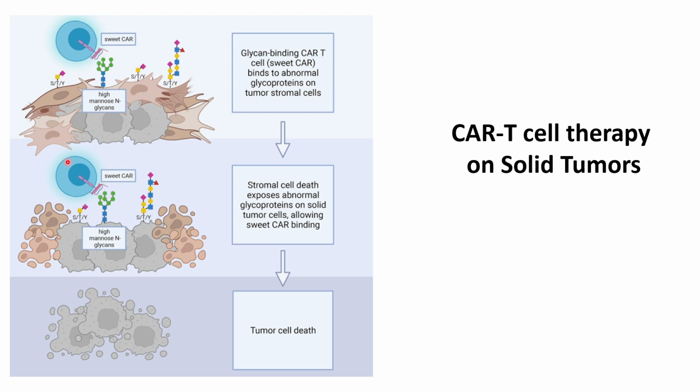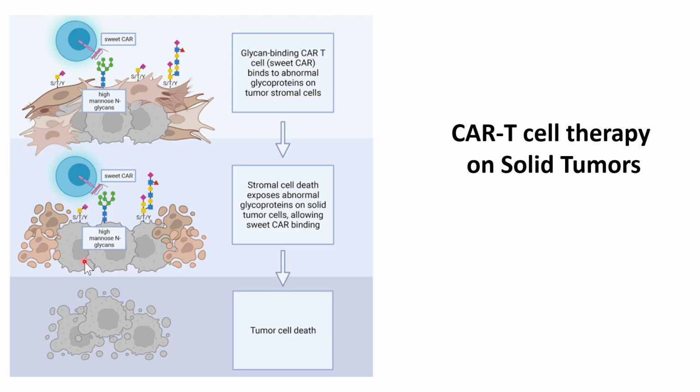So whenever this sweet CAR detects the high mannose glycans, it will think that these cells are tumor cells, as in this case, these high mannose glycans are the signature for the tumor cells. So the sweet CAR cell will try to kill only those cells that have these high mannose glycans.